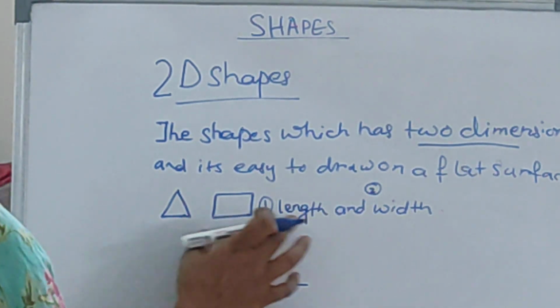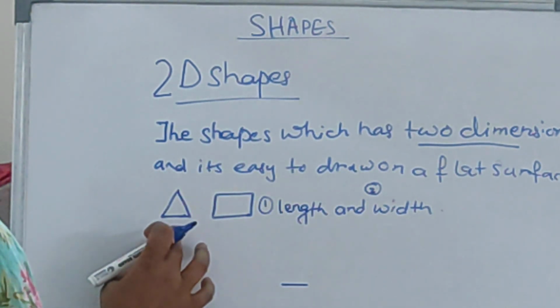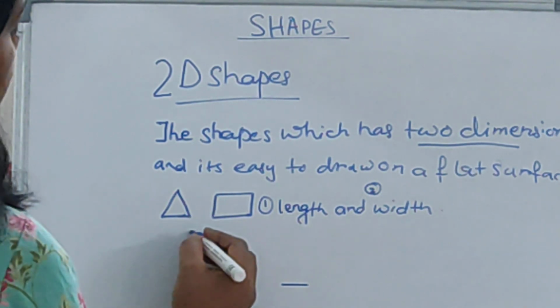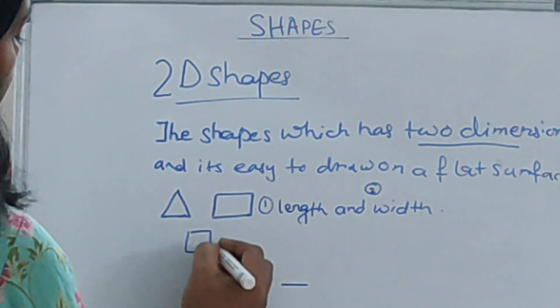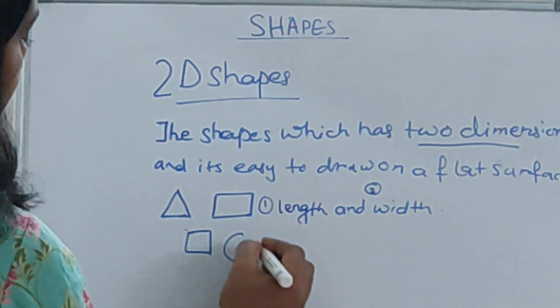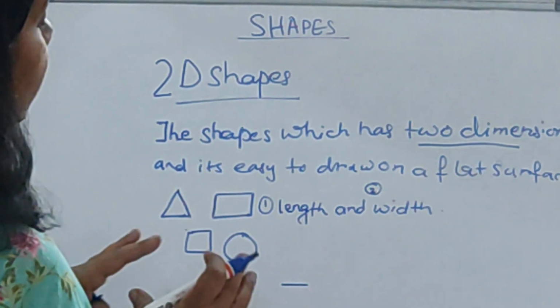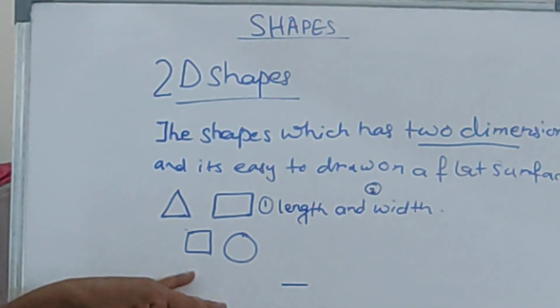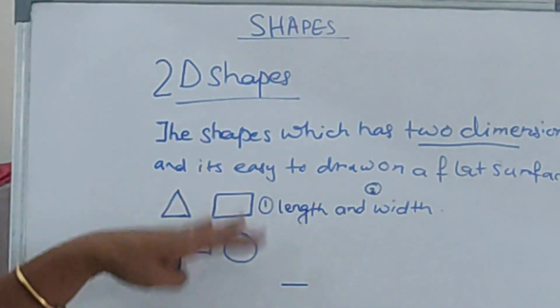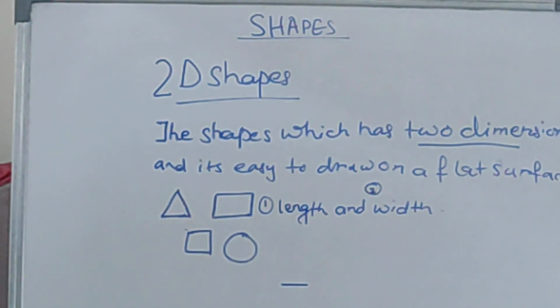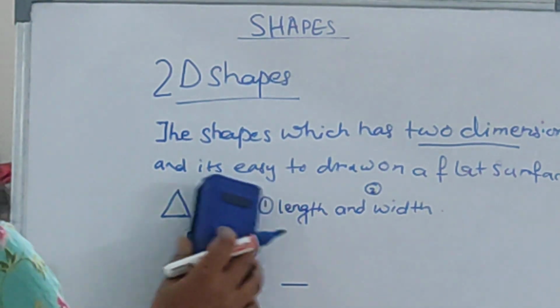What are examples of 2D shapes? Triangle, rectangle, square or a circle, meaning all the figures which are easily drawn on a flat surface. These shapes are called 2D shapes.